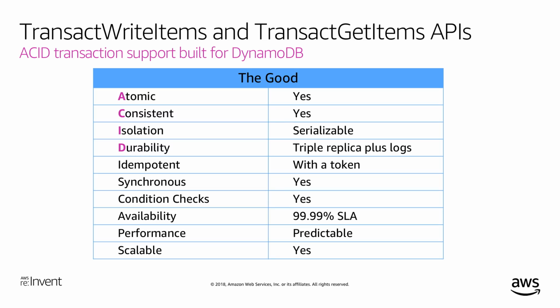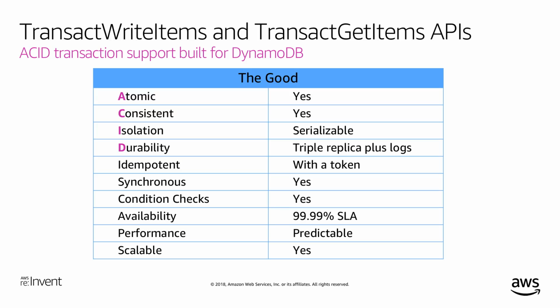So TransactWriteItems and TransactGetItems are the new API calls. Traditionally it was a GetItem or a PutItem for a single item, right? An item being synonymous to a certain extent with a row in an RDBMS. So a customer record might be an item, or a transaction might be an item.